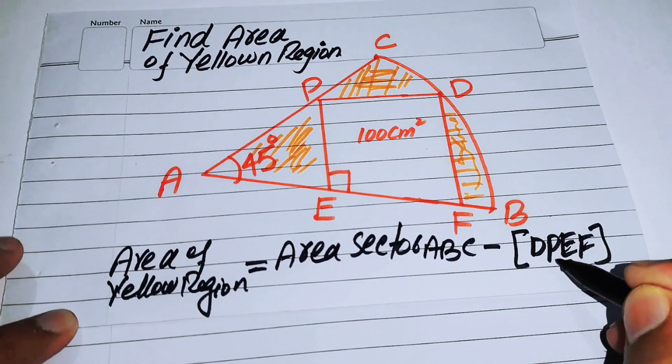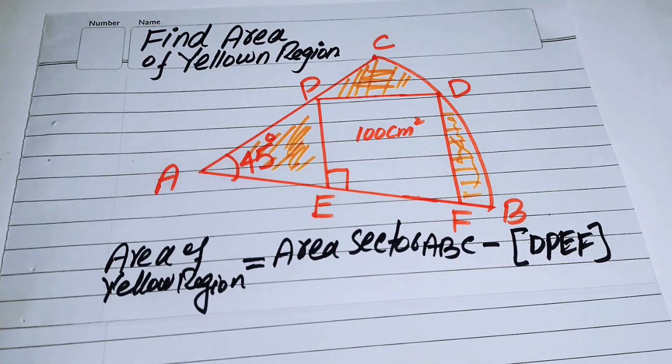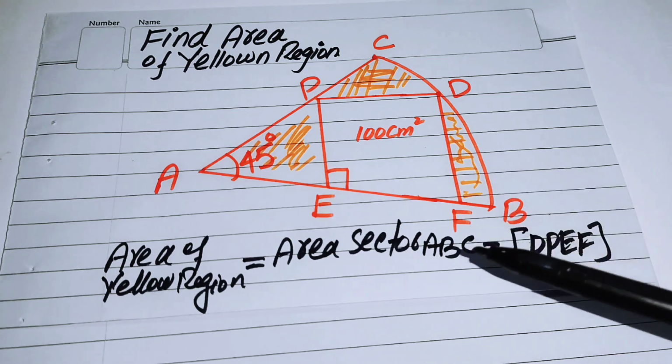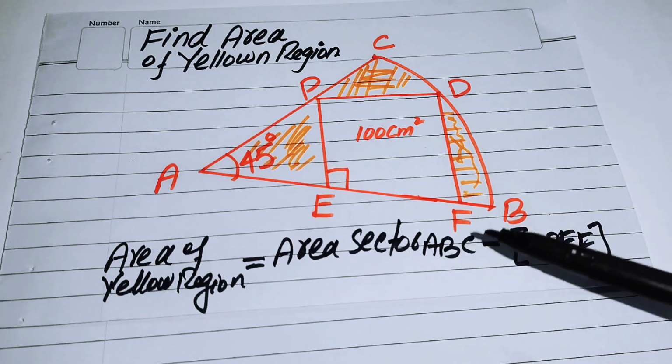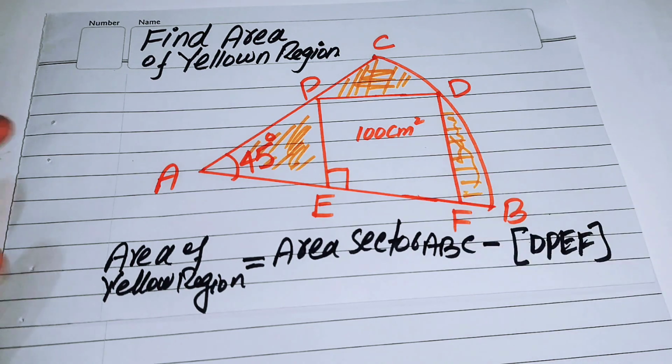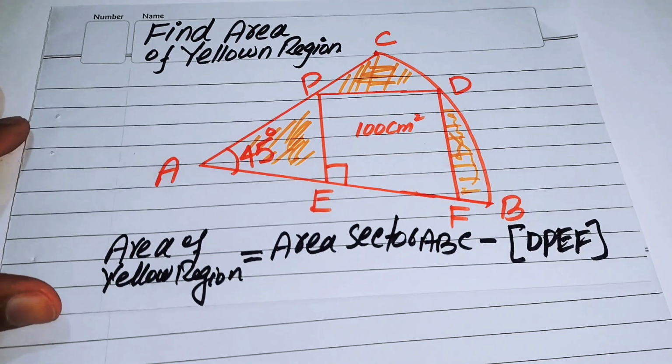So this is the area of square DPEF. To find this yellow region area, we first find the area of the sector, and we have been given the area of the square, and then we subtract this one and we easily find the area of the yellow region.